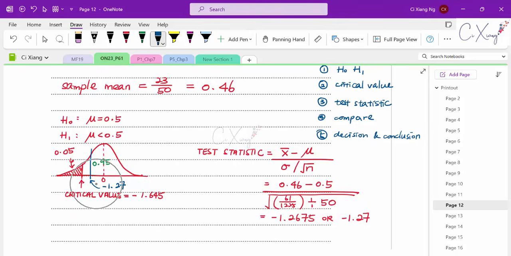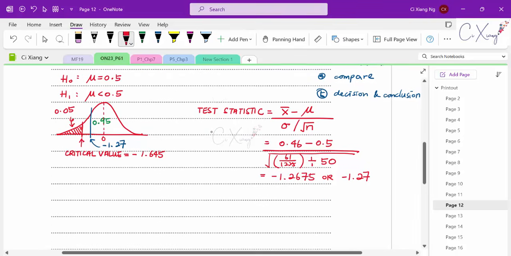Now, if you look at this blue line at negative 1.27, where does it fall? It falls inside the acceptance region, because this is our rejection region on the left hand side, and the white one is our acceptance region. So this is how we make the decision.